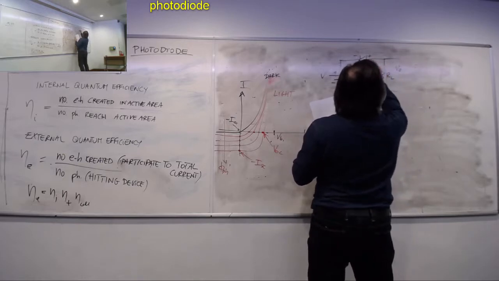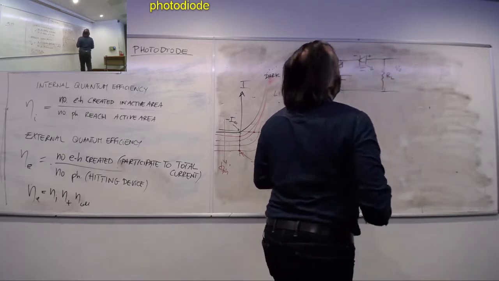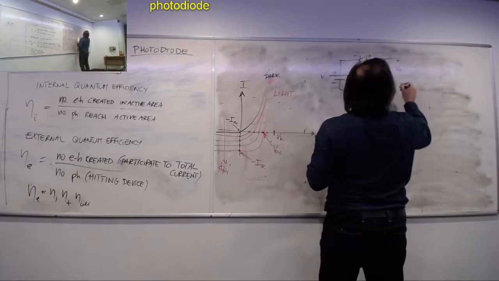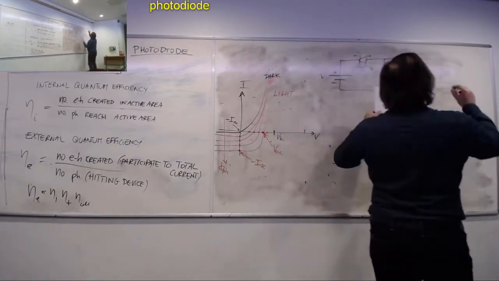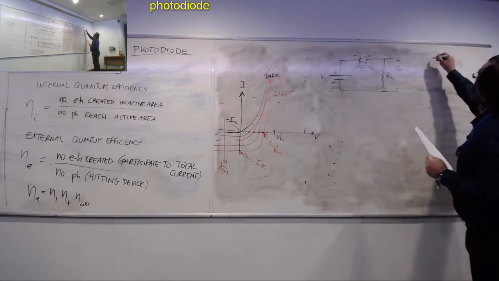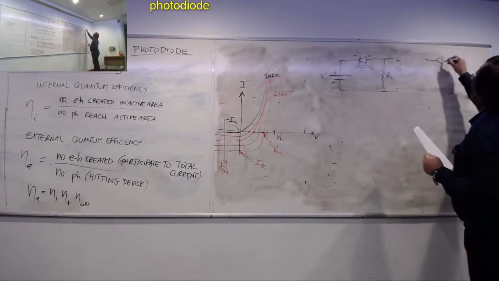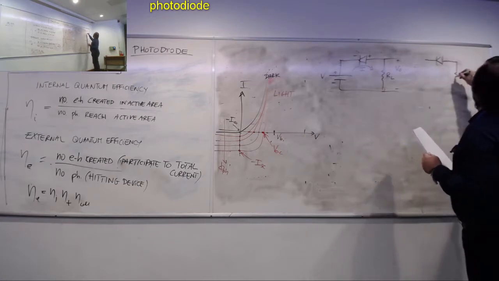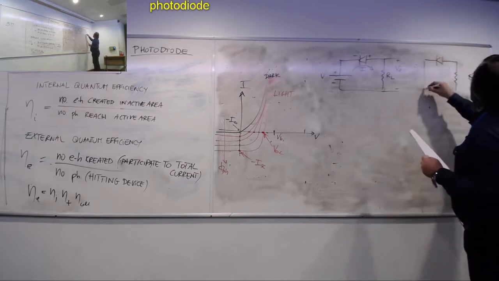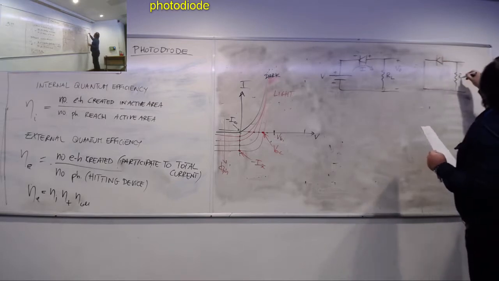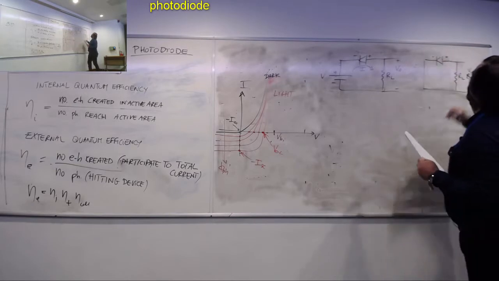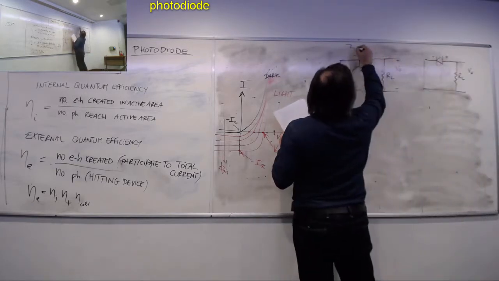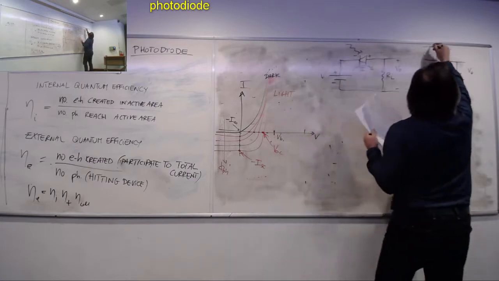There is a current here, and this is the output. So this is for the photoconductive mode, and for the photovoltaic, the circuit would be simply, we have some photons here hitting the photodiode.